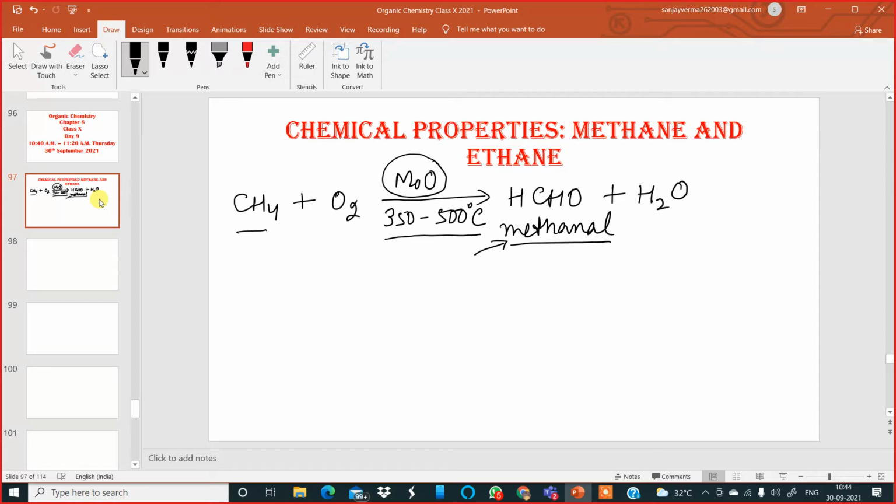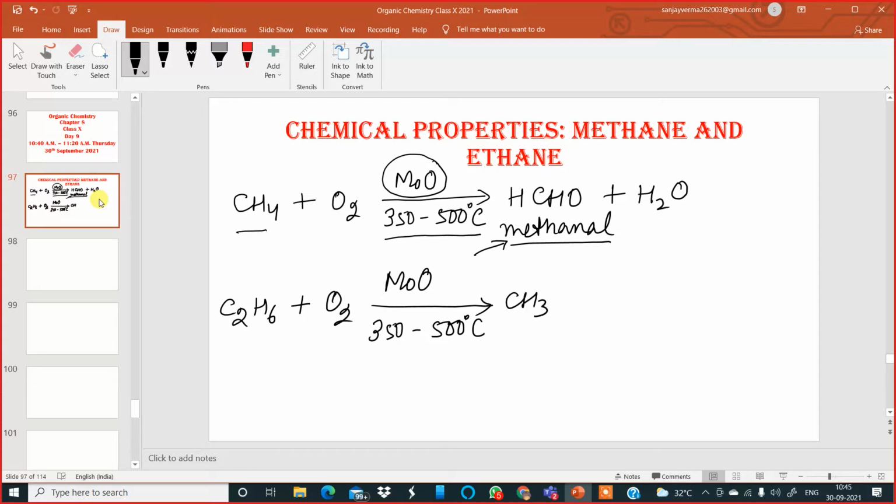If I use ethane, C2H6, and oxidize this ethane in the presence of the same catalyst, molybdenum oxide, at 350 to 500 degrees Celsius, this ethane gets oxidized to ethanal, CH3CHO plus water.